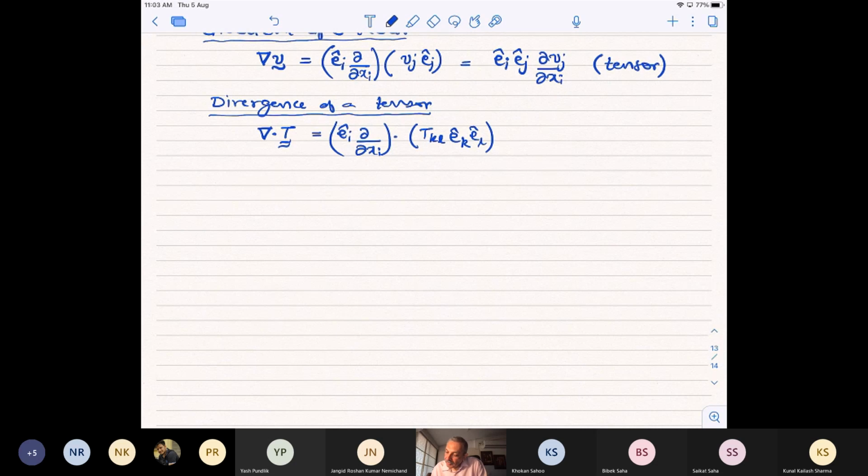Now, I will have to take a dot product. So the dot product is between the two closest unit vectors, which are these two. And then the derivative is of the scalar quantity. So what I will get is, for the dot product, delta ik. The vector remains as it is, el. And then I have the derivative of the scalar quantity, del Tkl by del xi.